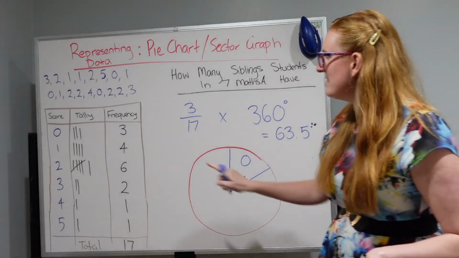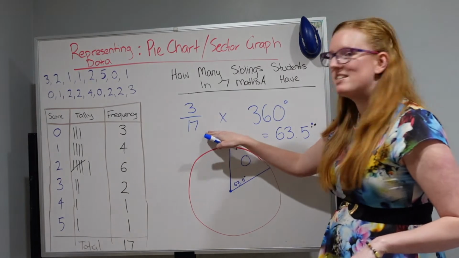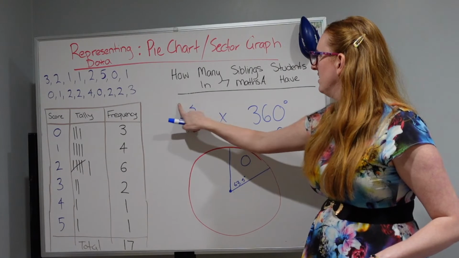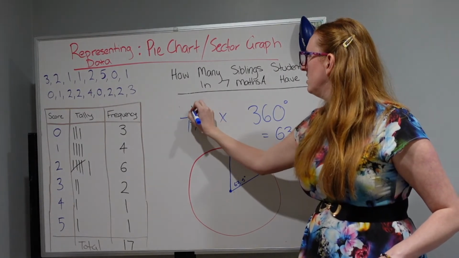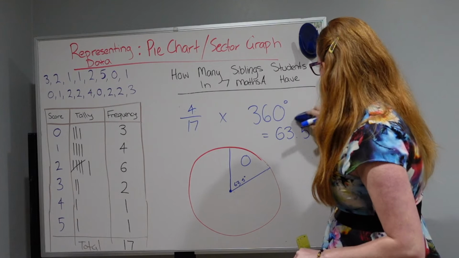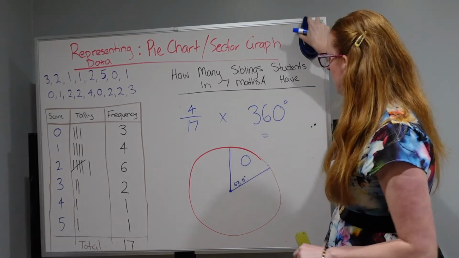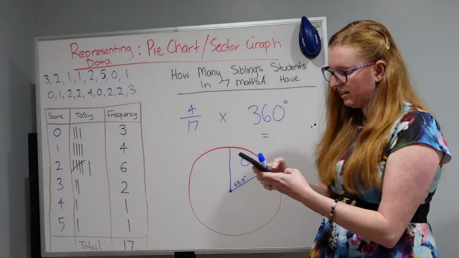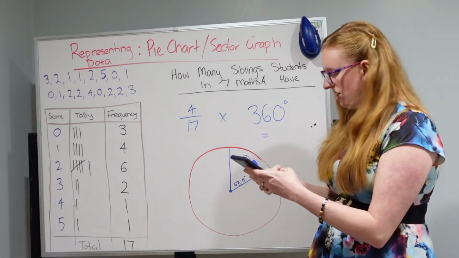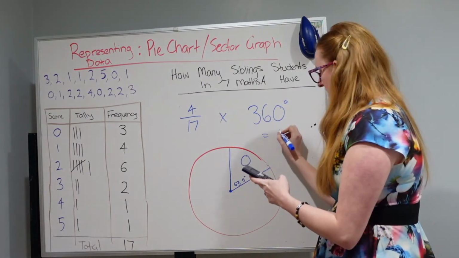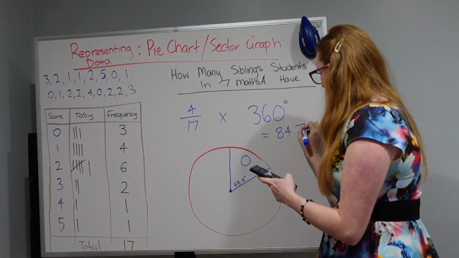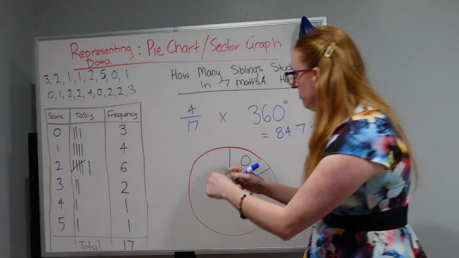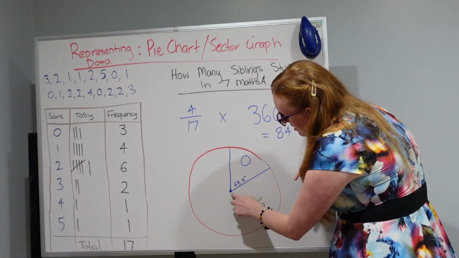Okay, cool. Let's do this one. So the only thing that changes in our calculation is, instead of it being 3 out of 17, it's 4 out of 17. So I'm going to put a 4 in here, and I'm going to rub this out. I'm going to do this calculation. So 4 divided by 17 times 360, and I get 84.7. All right, cool. So using my protractor again, this time I'm going to measure from this line.